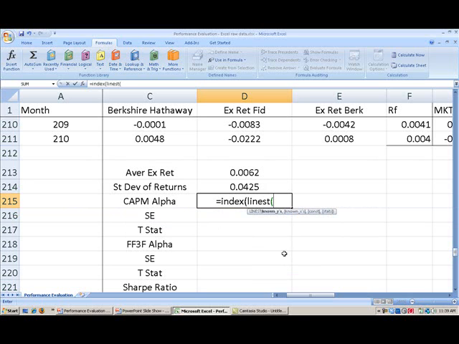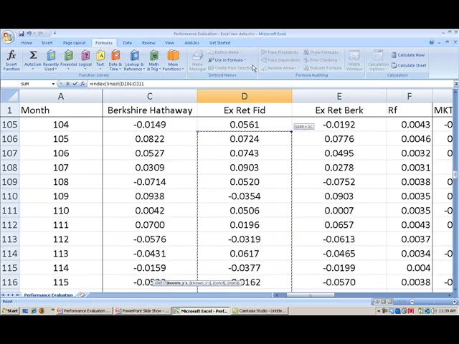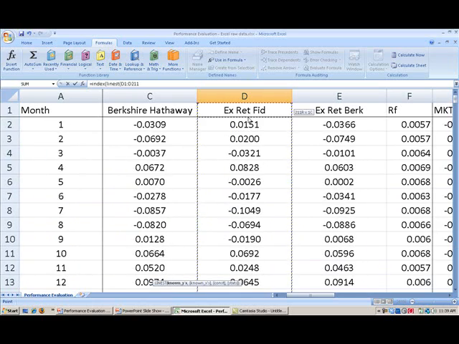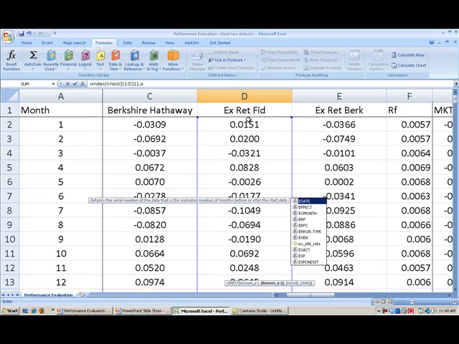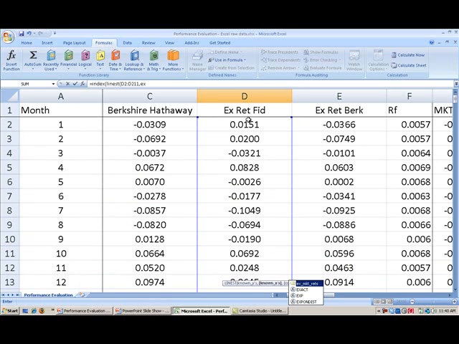The known y's are going to be Fidelity's excess returns, comma, the known x's are going to be the excess market returns, X_market_rets.